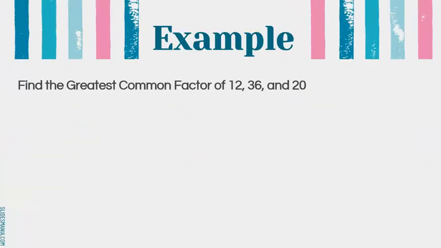What we're going to be doing this with today is numbers and variables. So the first example here, we're going to find the greatest common factor of 12, 36, and 20. I'm going to start by just thinking about what are the factors of 12, 36, and 20. This is very similar to what we're doing with our box method, where we're coming up with magic numbers.